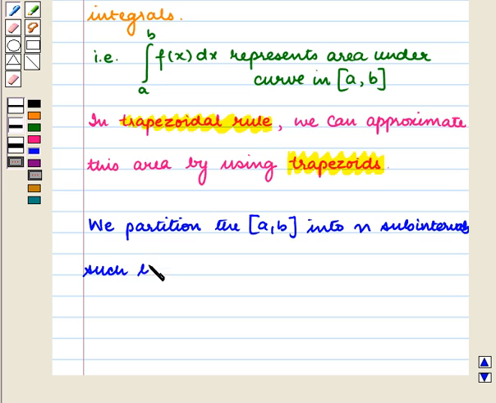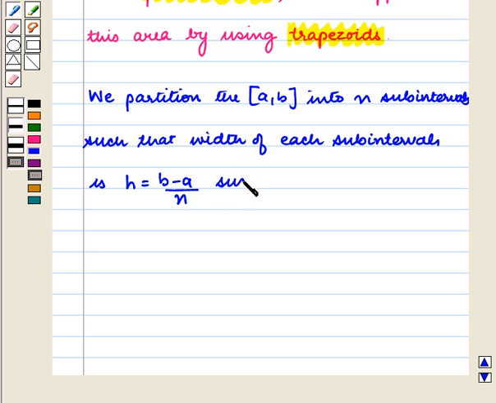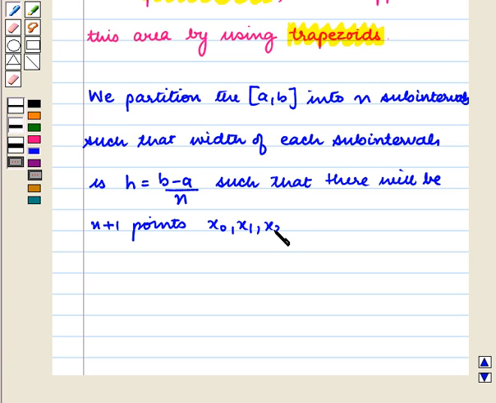such that the width of each subinterval is h equal to b minus a by n, such that there will be n plus 1 points x0, x1, x2 and so on till xn, such that a is equal to x0, less than x1, less than x2 and so on less than xn equal to b.